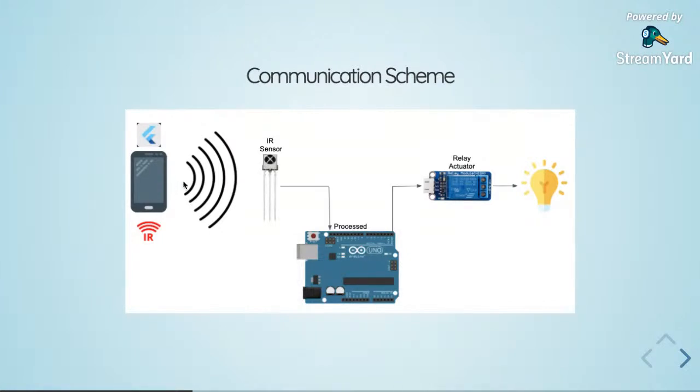That signal will be received by an infrared sensor, which tells the Arduino, basically the brain of this whole project. The Arduino processes that signal and decides whether to switch the lamp on or off, which is done by the relay actuator, connected directly to the electric circuit inside our home or room.